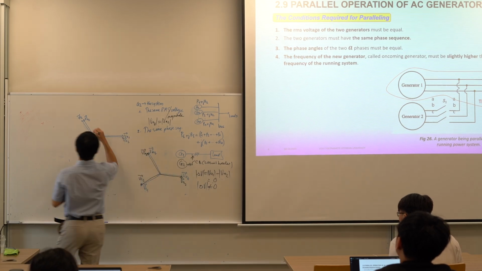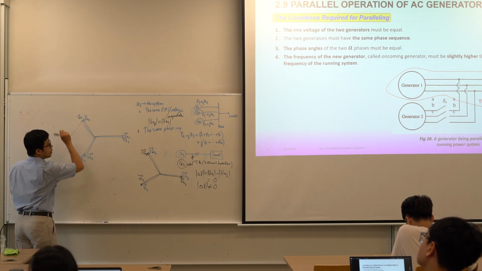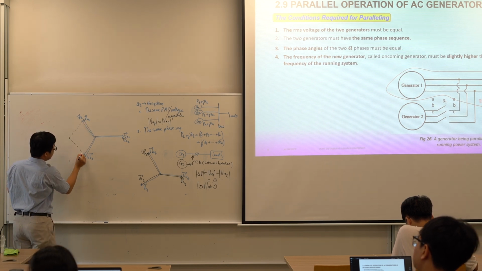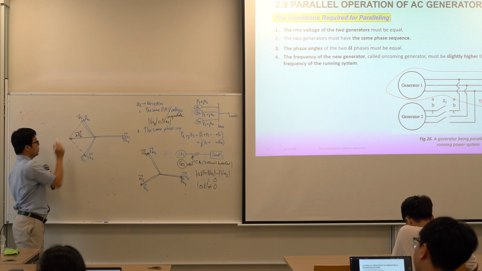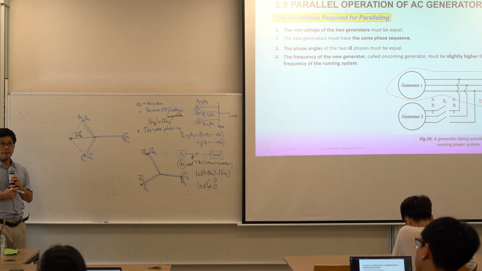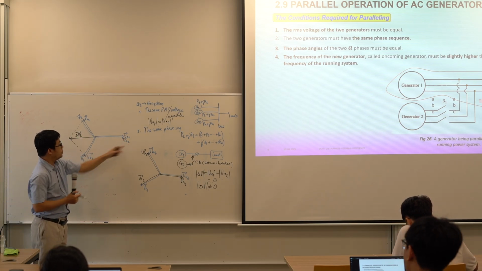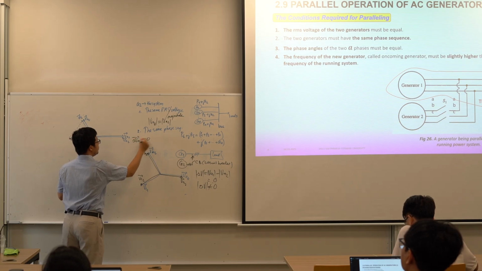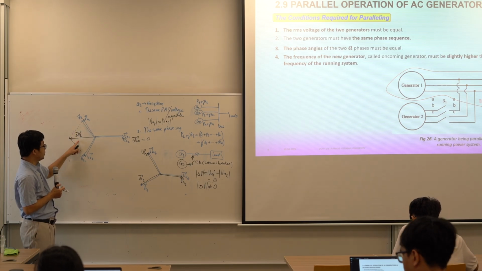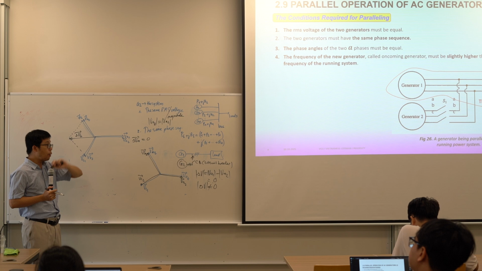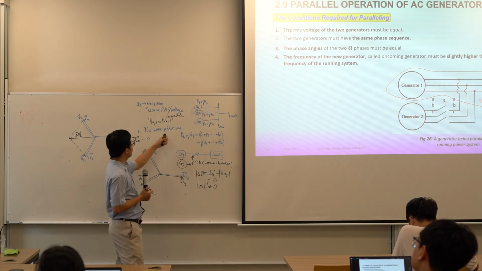Now, if here is B1 and B2 here, when we close the circuit, this is delta VB. Do you agree with me? Because we have a different sequence. A and A are the same, so delta VA is 0. But now VB1 and VB2 are different, so delta VB is very large. The larger delta VB, the more current, boom, the system is blacked out.